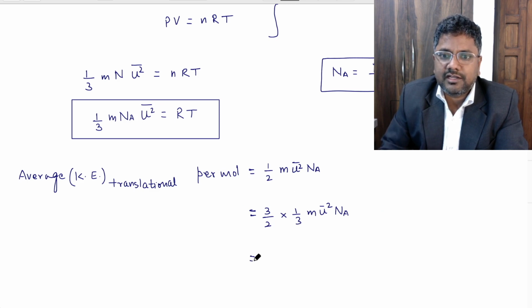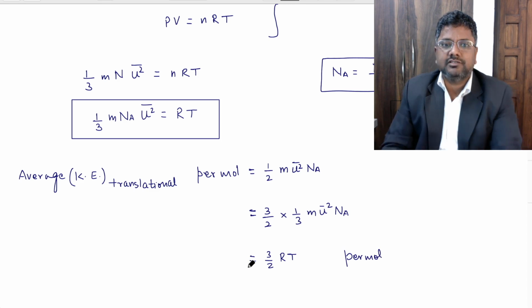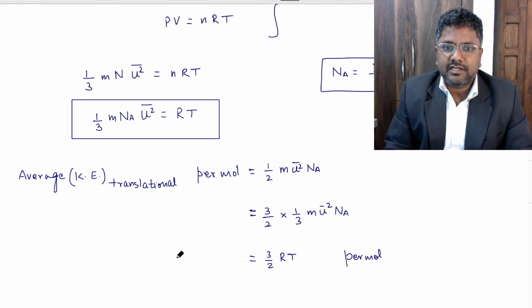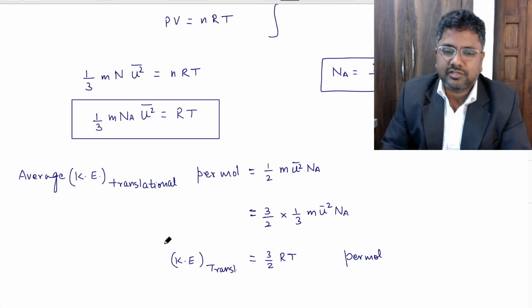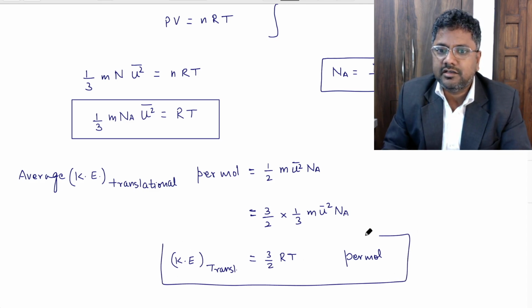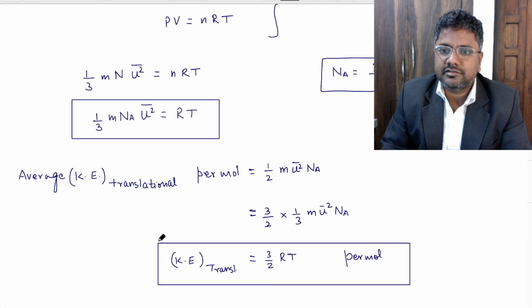So you can write here 3 by 2 RT per mole, right? So translational kinetic energy, not all, is equal to 3 by 2 RT for gas molecules.